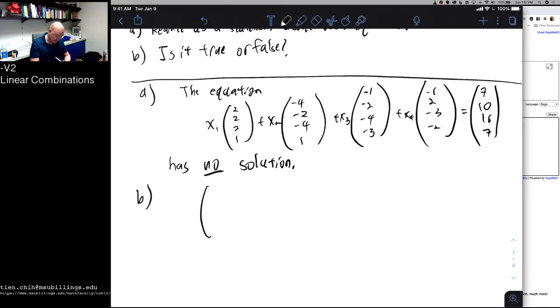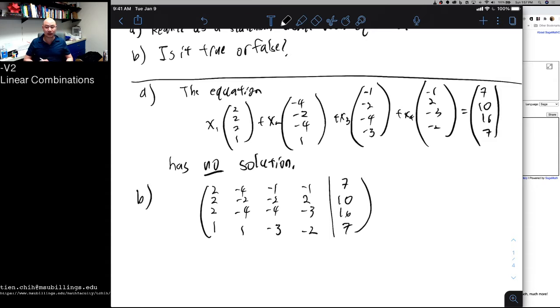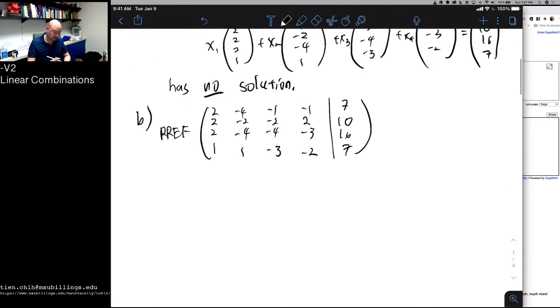So let's go ahead and write down what that looks like. 2, 2, 2, 2, 1, minus 4, minus 2, minus 4, 1, minus 1, minus 2, minus 4, minus 3, minus 1, 2, minus 3, minus 2, augment 7, 10, 16, 7. Alright, so that's my augmented matrix form, and I want to find its reduced row echelon form.